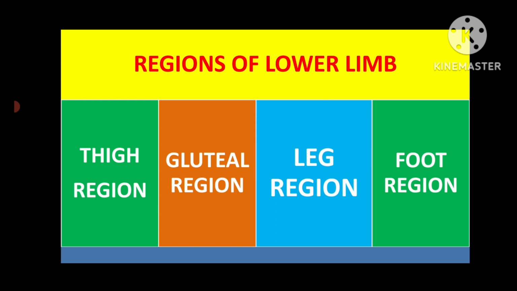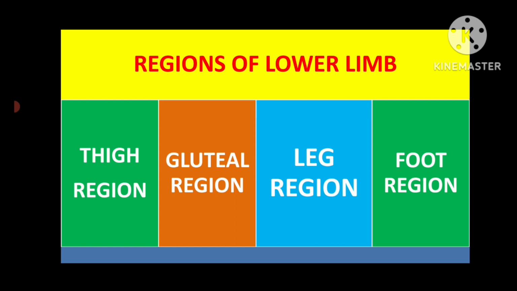The lower limb attains stability at the cost of some mobility, whereas the upper limb attains freedom of mobility at the cost of some stability. Hence, the lower limb muscles are bulkier and stronger than the upper limb. Apart from that, muscles of the lower limb often cross two joints and they act equally on both joints.